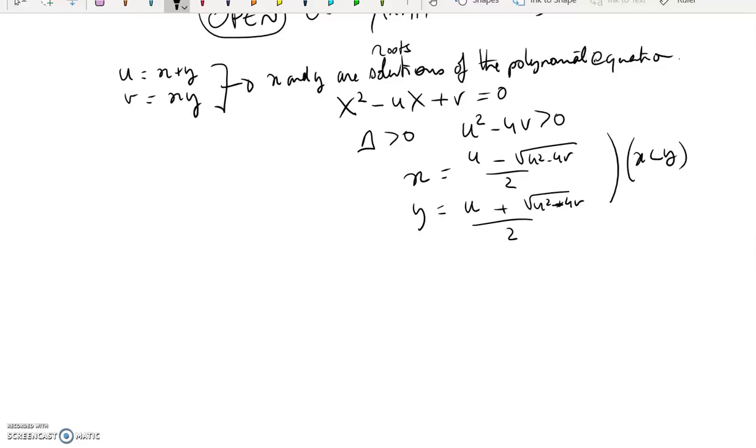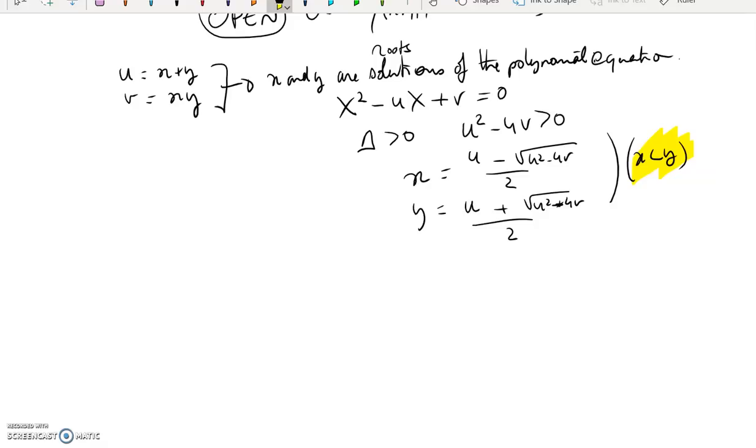So I really needed to restrict that in order to have a good injection. Otherwise I wouldn't have had an injection, because the first value and second value, or second value and first value, would both be solutions of my equation, and I could not reverse the process of substitution.